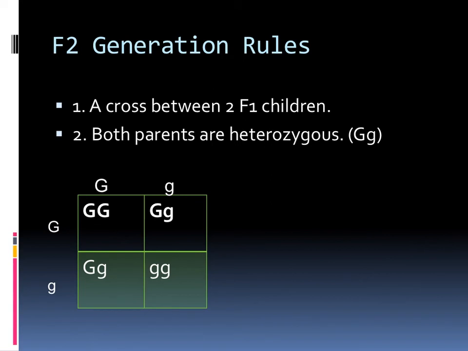The last and final problem is F2. This is the 3rd generation. For every F2 generation problem, you are crossing 2 of the F1 children. So that means that both parents must be heterozygous. So again, the parents' genotypes go on the outside, like so, and then you simply fill in the inside 4 boxes according to the letters that appear on the outer edges.